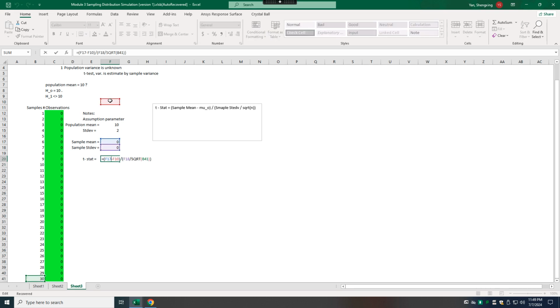Let's see, we have F10 as the mu 0. Here we put mu 0 equal to 10.